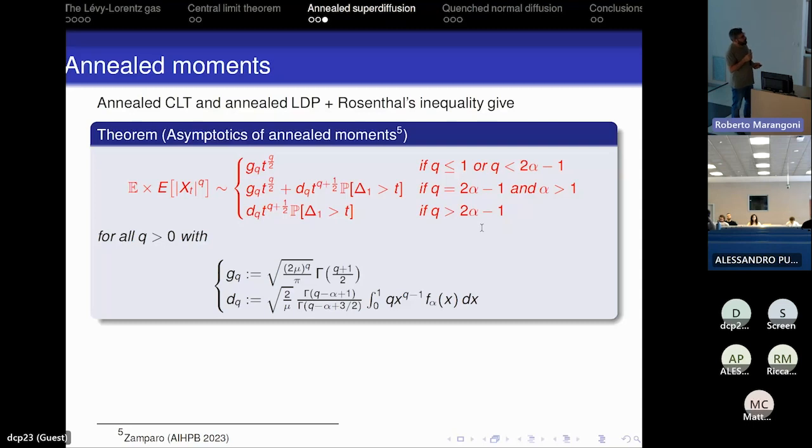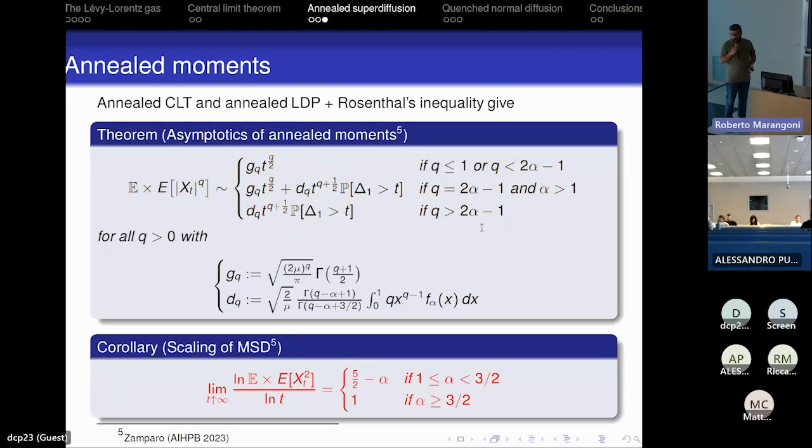You see that when q is smaller than 2α minus 1, we have the normal scaling of the moment. When q is larger than 2α minus 1, we have a scaling exponent which is q plus 1/2 minus α. Minus α comes from the tail distribution of delta 1. And we have a superdiffusive scaling.